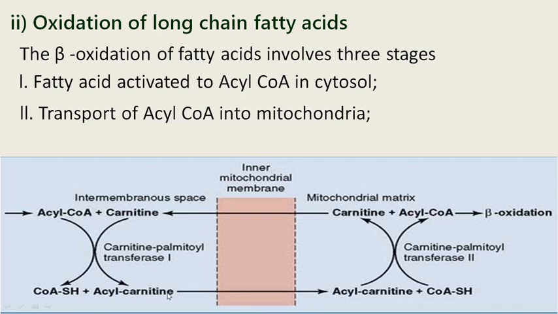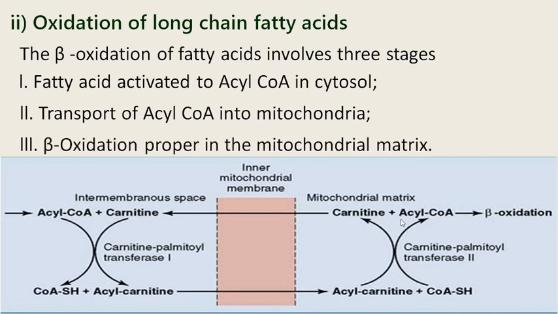This acyl carnitine can be easily transported into the mitochondria, and it again reacts with thiocoenzyme A in presence of carnitine palmitoyl transferase 2, and is converted into acyl coenzyme A, which can be processed by beta oxidation.